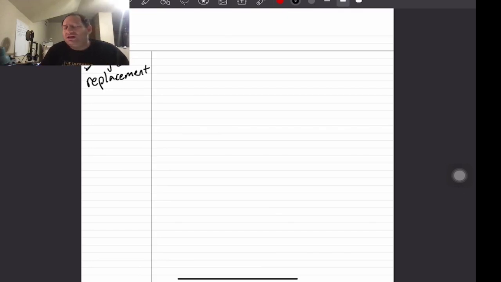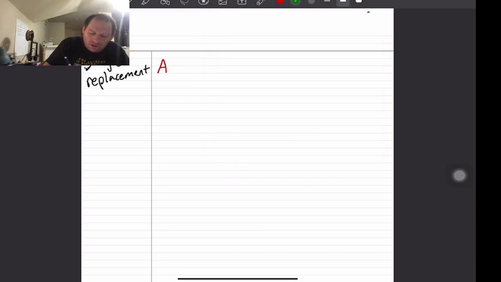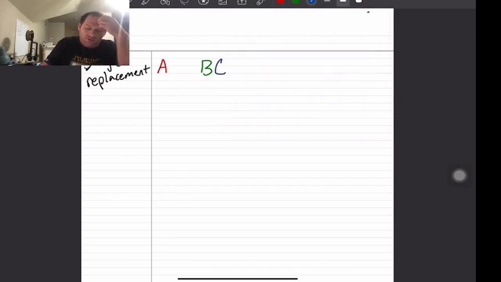This is where it's going to get a little bit more complex, but not too much. Let's say I have an A, a B, and a C. So we have A plus BC, which are together, and they are going to react.